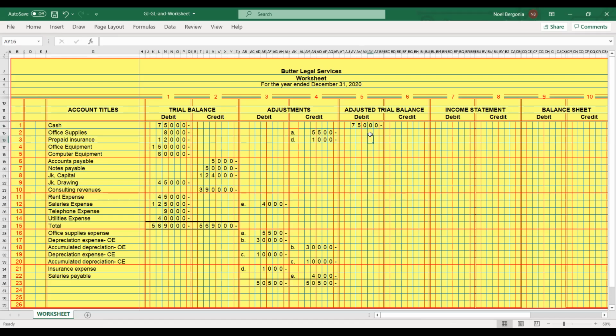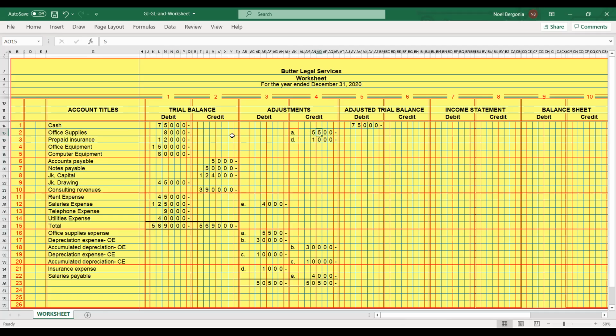Okay? So that's one. Then we have the trial balance office supplies which have a debit of 8,000. And yung adjustments natin may credit na 5,500. So since debit yung trial balance and then credit yung adjustments, pa-minus yon, di ba? Kasi magkaiba sila ng balances kung saan nilagay.